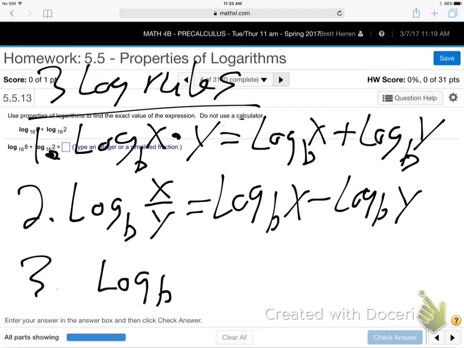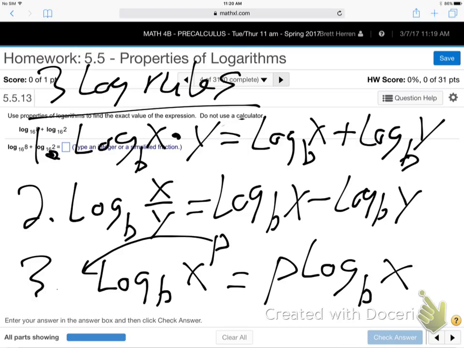It just says if you have a power P, that power just comes down to the front. That's the one I was using in those other problems. There they are. Those are the three log rules that we're going to use a ton in this section. Properties of logs means just keep using those three rules over and over and over again. Good there?